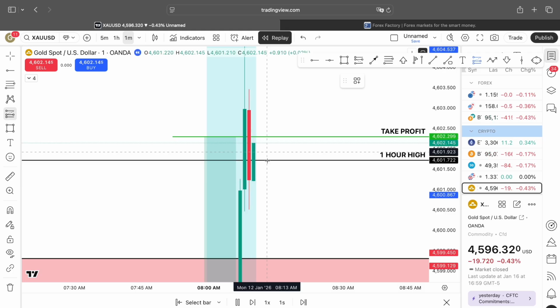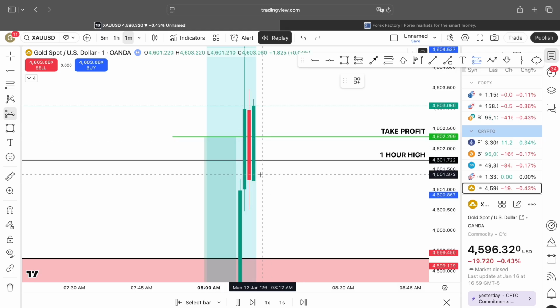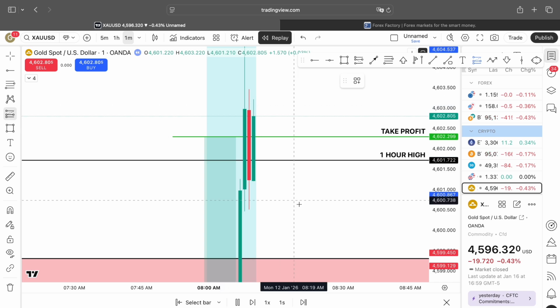Oh yes, we do not buy yet. Now if this turns into a bullish engulfing, we get in. We are all the way in.